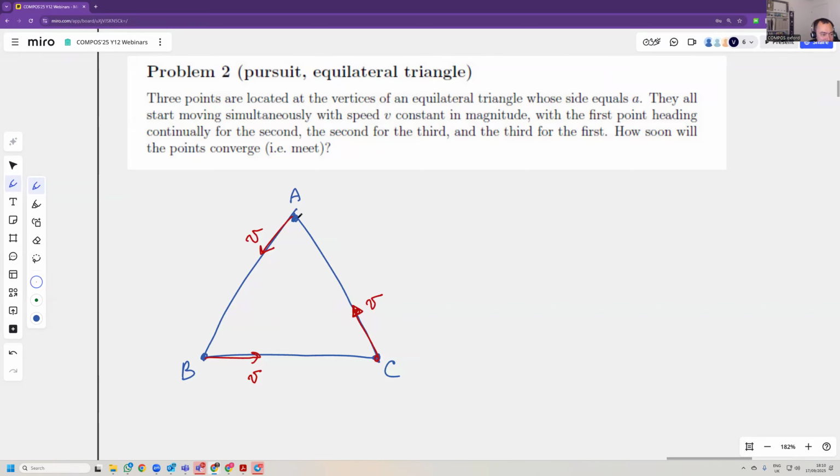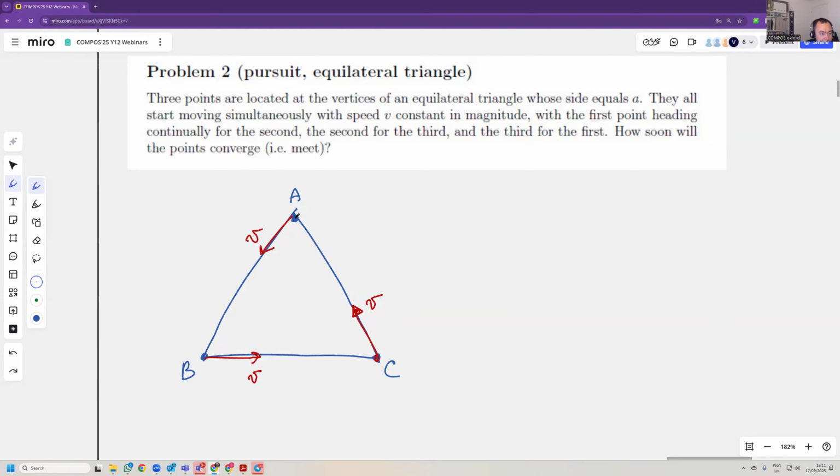So what happens is A moves a tiny bit. So when A moves a tiny bit, let's say here, B moves and C moves. So now A is moving in this direction and C is moving in that direction. So they're moving in some sort of spiral, if you think about it.